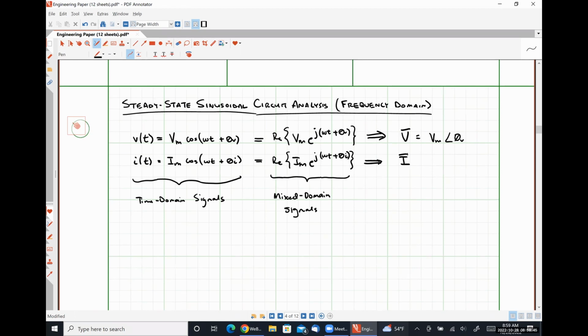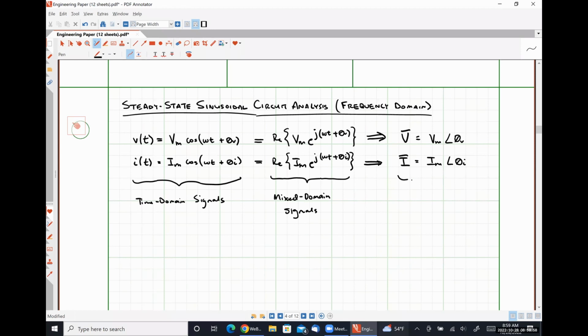Similarly, we could have a phasor current I is equal to Im angle theta i, and we don't need anything else whatsoever. Okay. So this is our frequency or phasor domain signals. All currents and voltages will be of this form. They will be described by a magnitude, a phase angle, full stop.